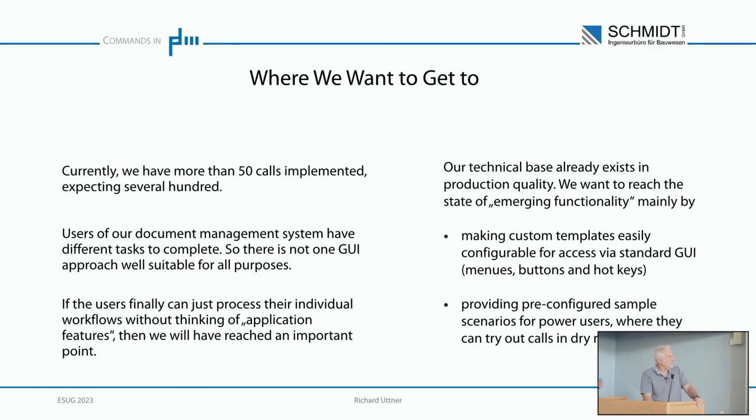That includes a lot of additional work, like providing pre-configured sample scenarios, and of course sample scenarios for typical actions like create a new Word document and things like that, already accessible via menus and other GUI elements that the users like to have. So that is the way we want to finally extend our command line environment in the documentation management system. Thanks for your attention.